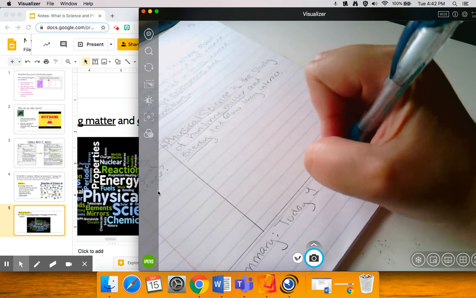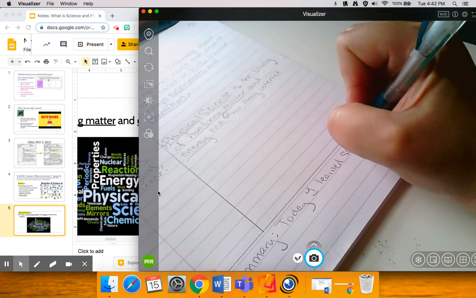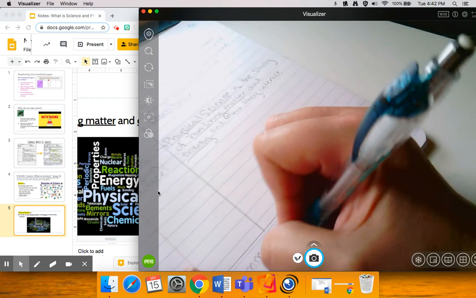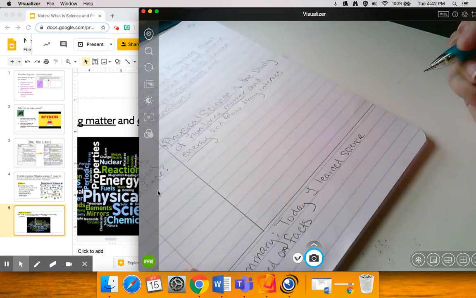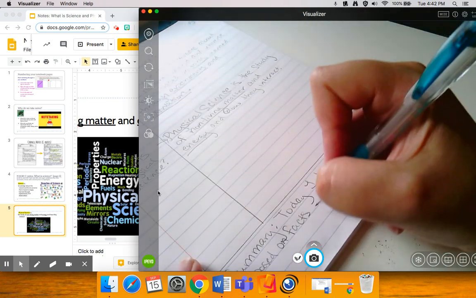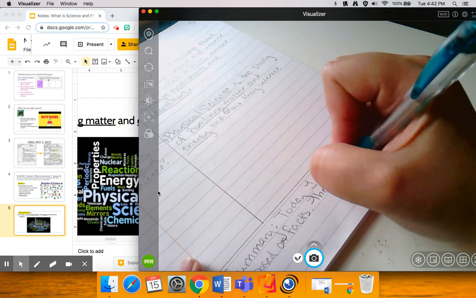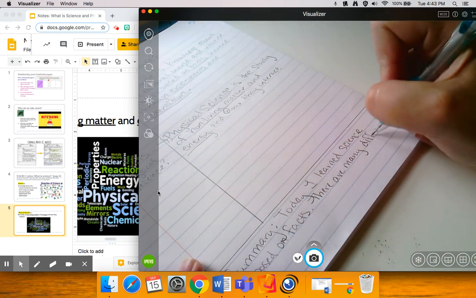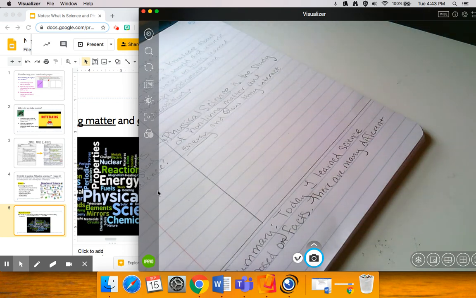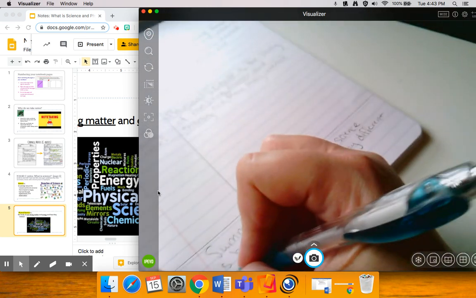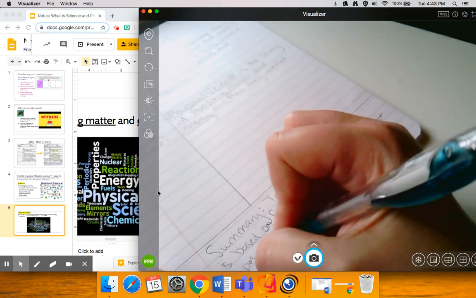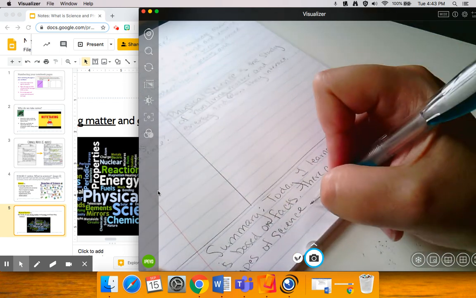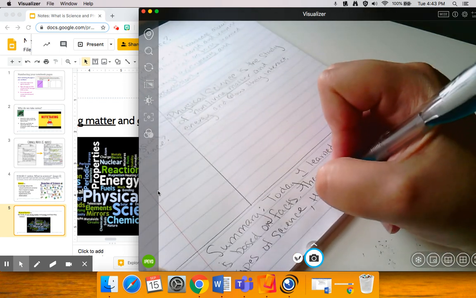Today I learned science is based on facts, or evidence is another good word for that. There are many different types of science this year.